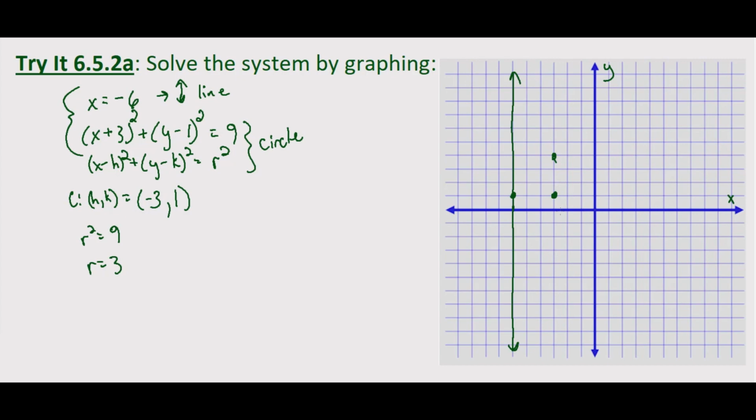Now we'll go ahead and draw the circle in, but it appears that the point of intersection is this point right over here, which is -1, -2, -3, -4, -5, -6, 1.